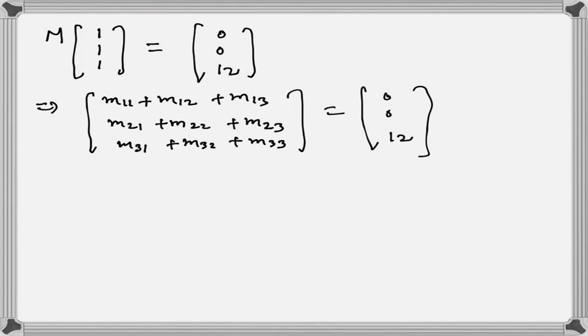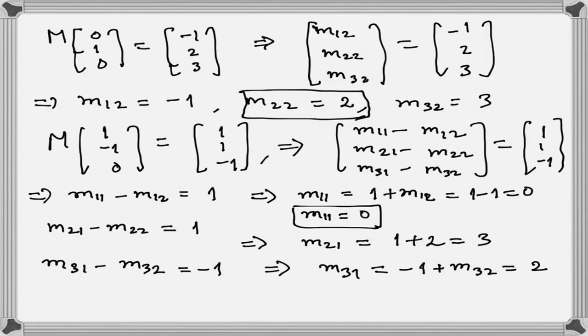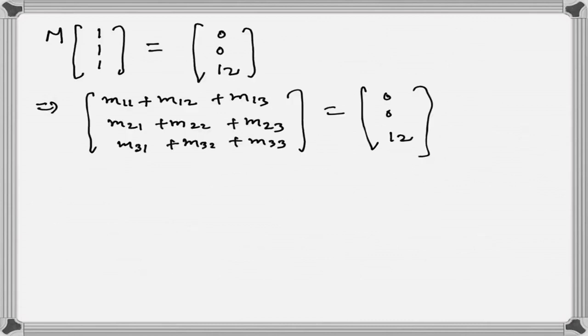Okay, so from the previous slide I think I know the value of M31 and M32. Yes, M31 is 2, M32 is 3. Alright, then let's take this equation, the third one, M31 plus M32 plus M33 is equals to 12.